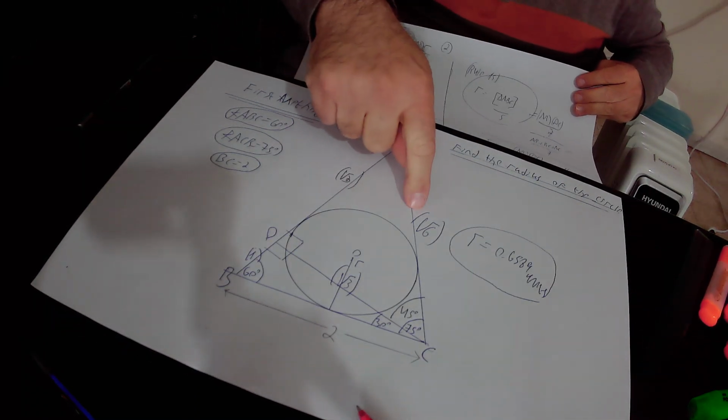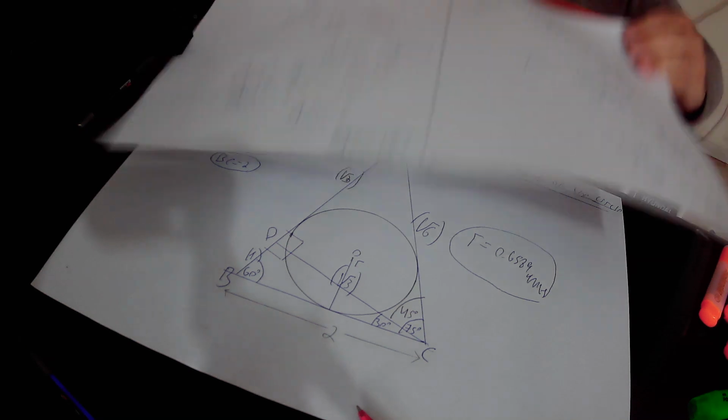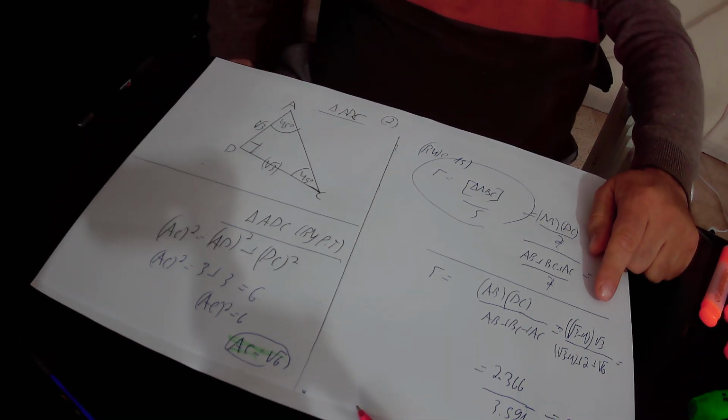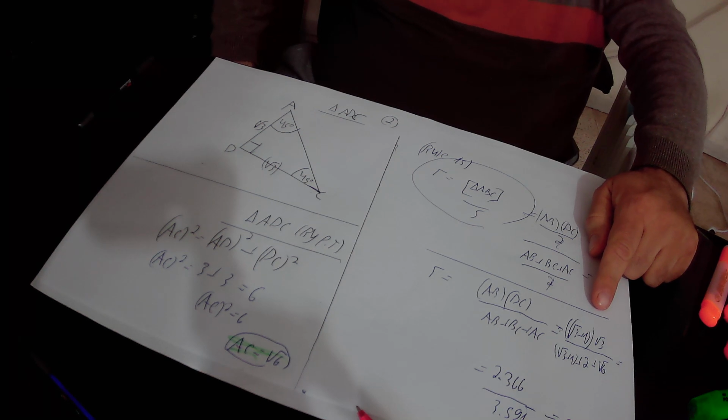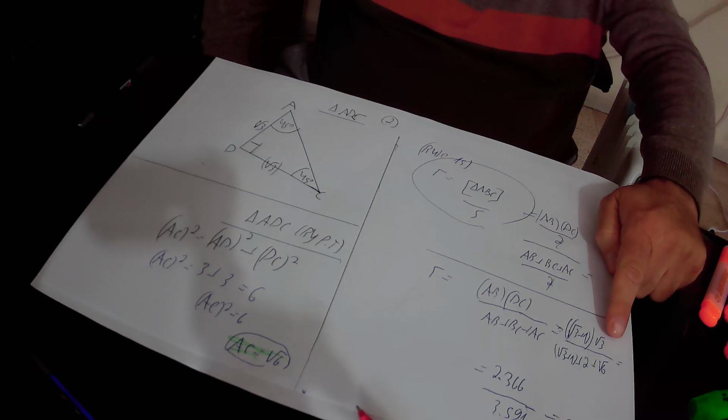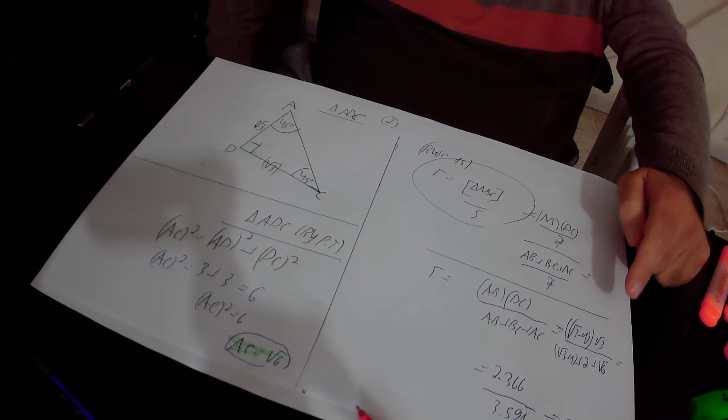AC equals the square root of 6 units. So the radius of the circle that is inscribed by triangle ABC equals the square root of 3 plus 1 times the square root of 3 over the square root of 3 plus 1 plus 2 plus the square root of 6.